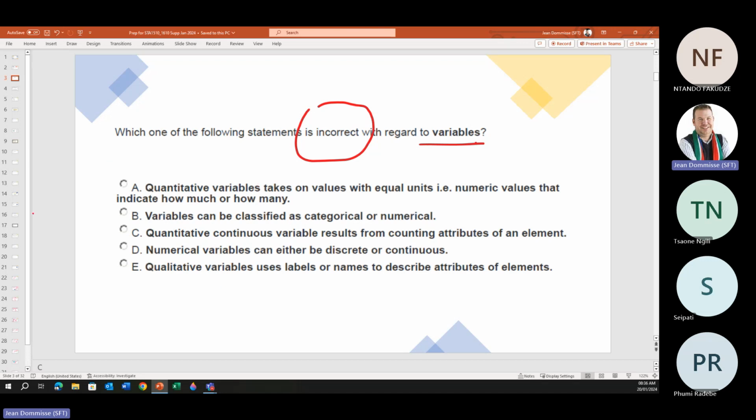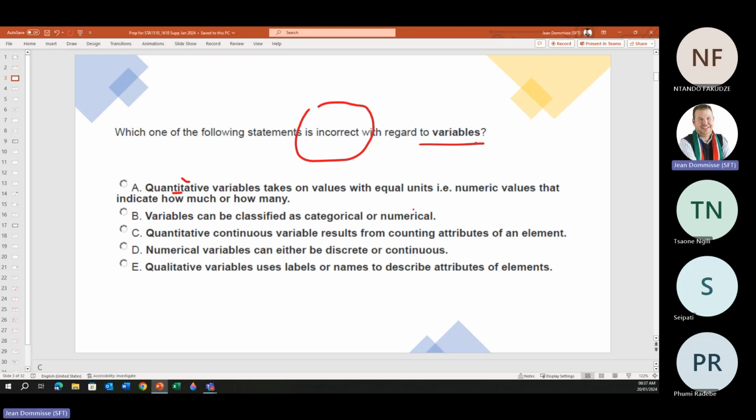So let's look at the first one, and we'll go through all of them again. Quantitative variables: it's looking at quantity, takes on values with equal units, numeric values that will indicate how much or how many. So quantitative is quantity, indicating how much or how many.